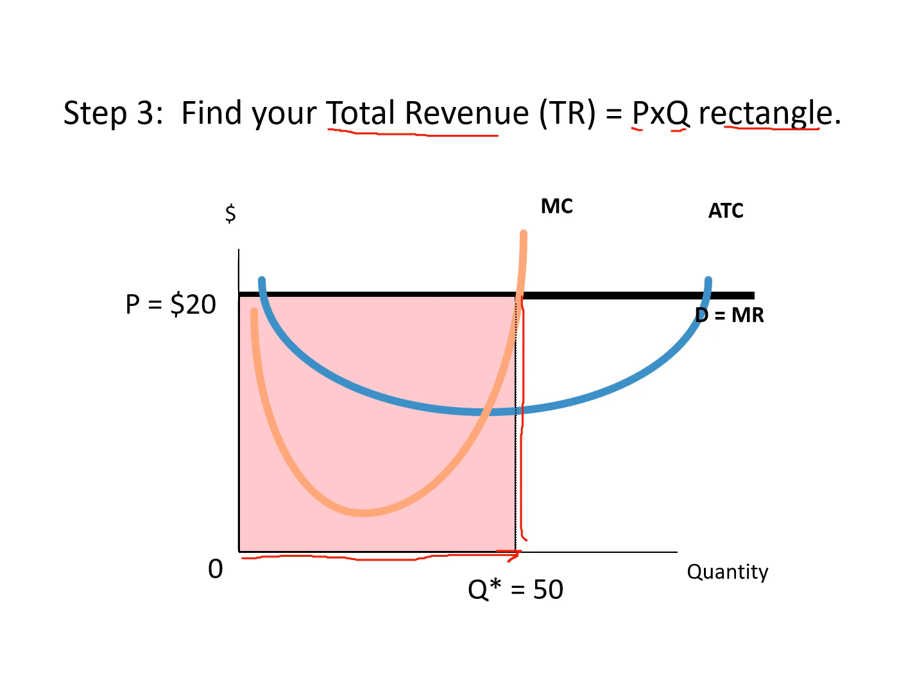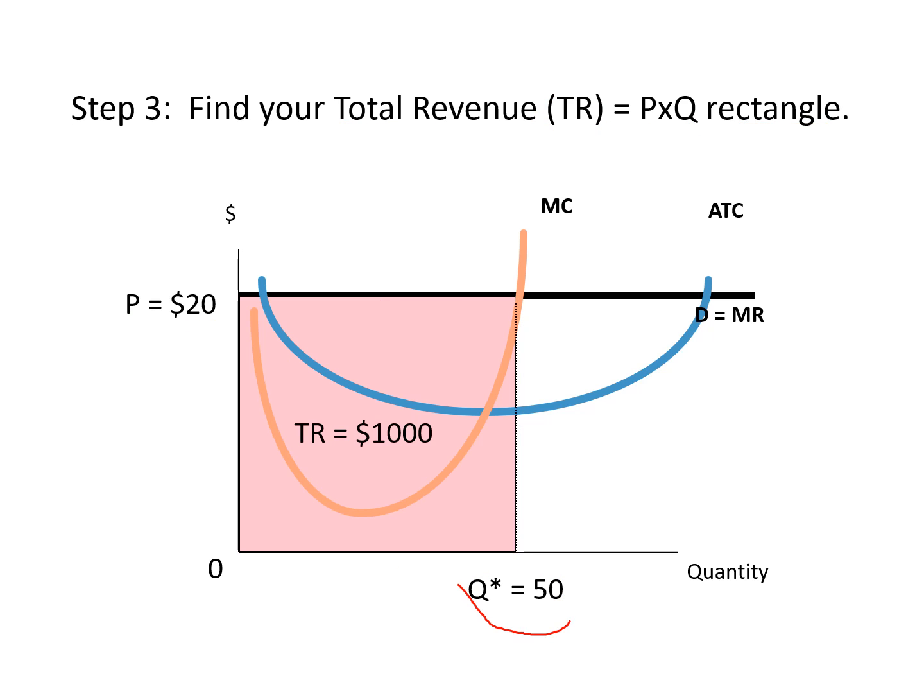So by multiplying this side of the rectangle by this side of the rectangle, we are actually multiplying the quantity by the price. And as we've mentioned here, the quantity by the price is actually giving us the total revenue. So the area of this rectangle here represents the total revenue of the firm. In this example, that is 50 multiplied by 20, giving us a total revenue of $1,000.